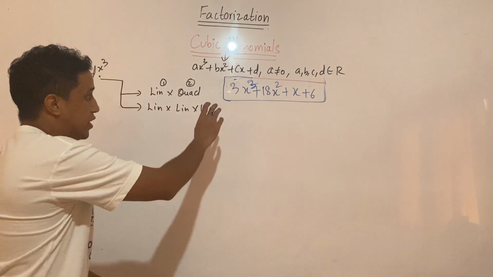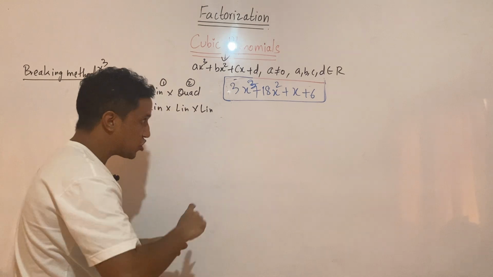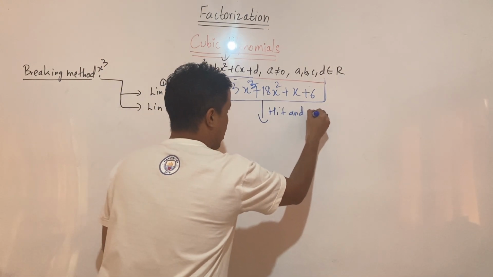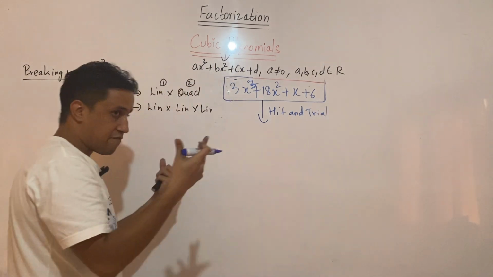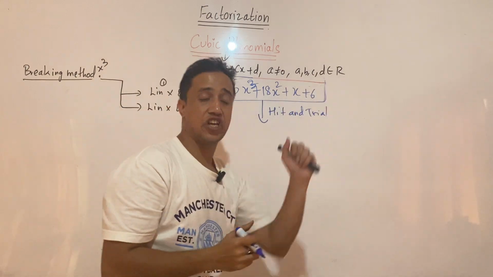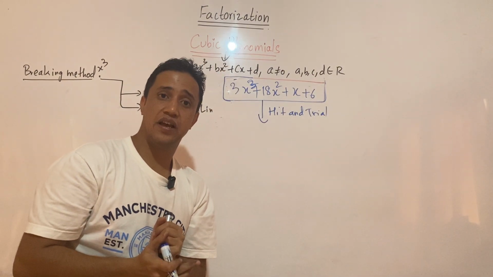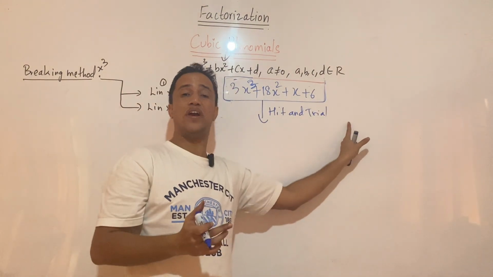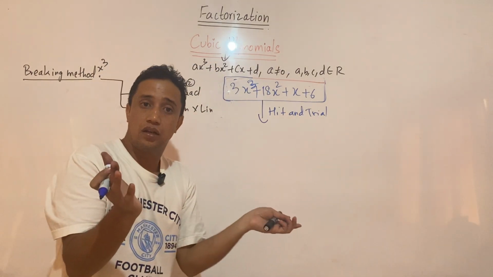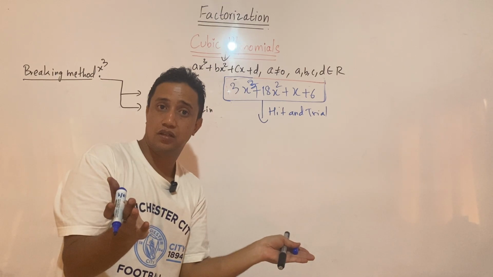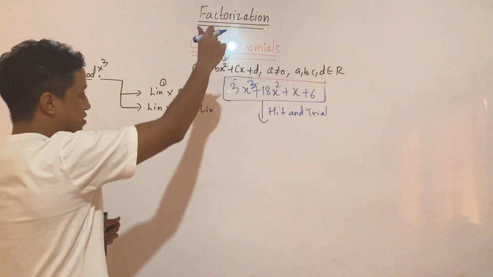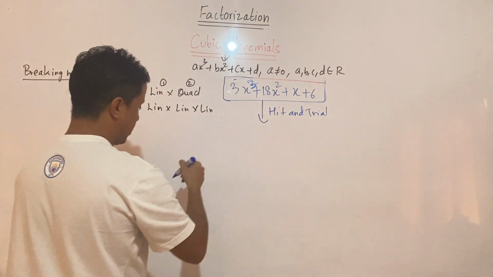So here, if I just use the hit and trial method and throw in different values of x, I can check the value of p(x). If p(x) is going to be 0 for any value of x, then I can make a linear expression out of it.